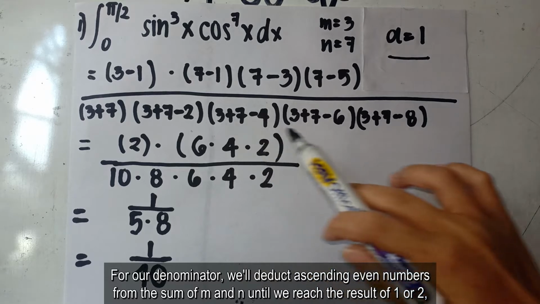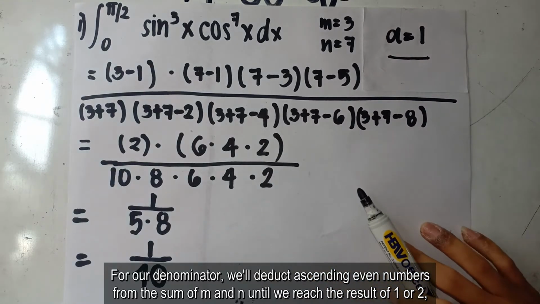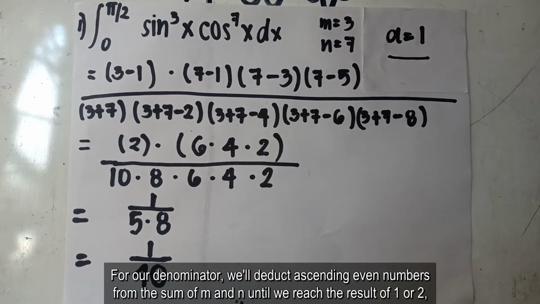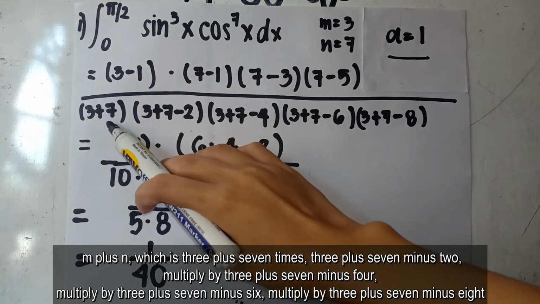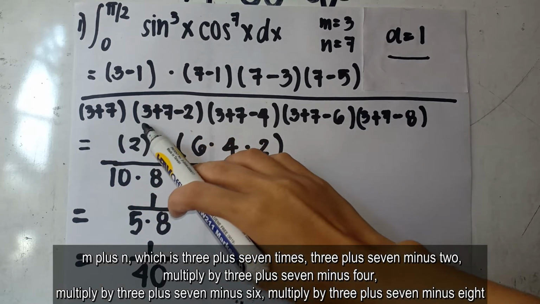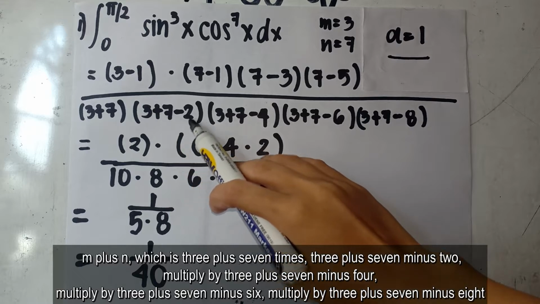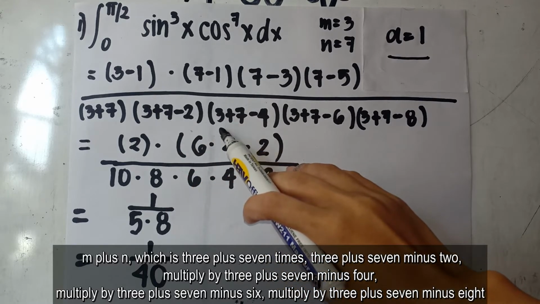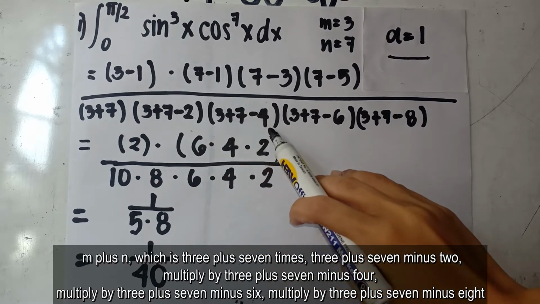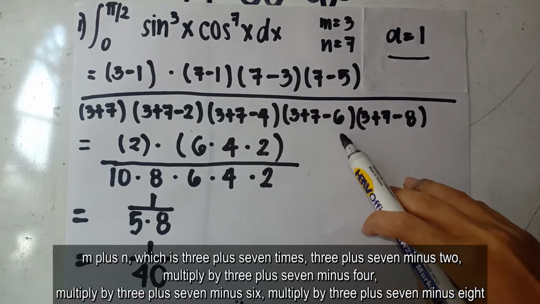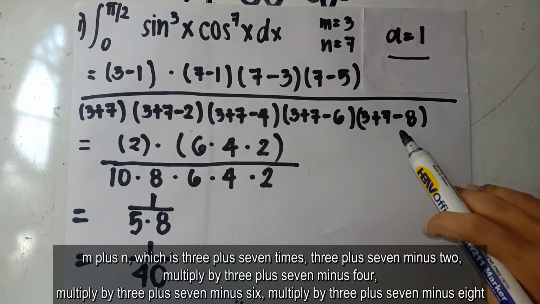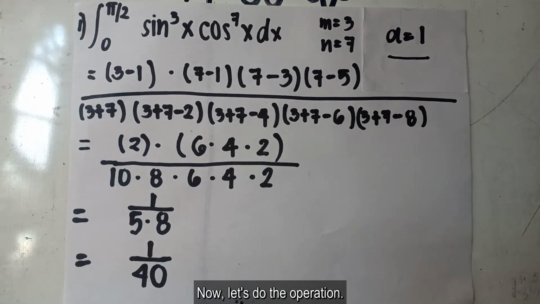For our denominator, we deduct ascending even numbers from the sum of m and n until we reach the result of 1 or 2. m plus n, which is 3 plus 7, times 3 plus 7 minus 2, multiplied by 3 plus 7 minus 4, multiplied by 3 plus 7 minus 6, multiplied by 3 plus 7 minus 8.